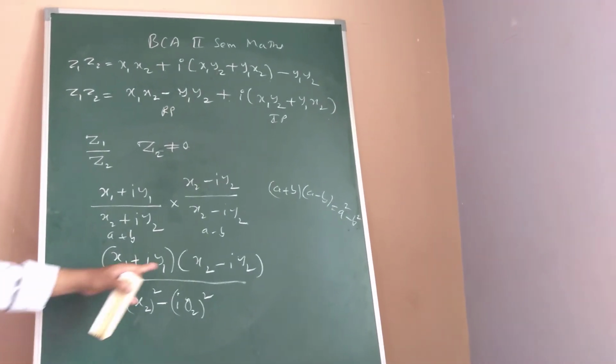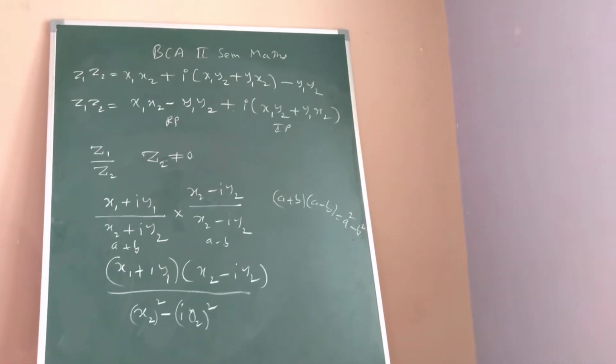The numerator should be multiplied. Two terms we should multiply by usual multiplication.